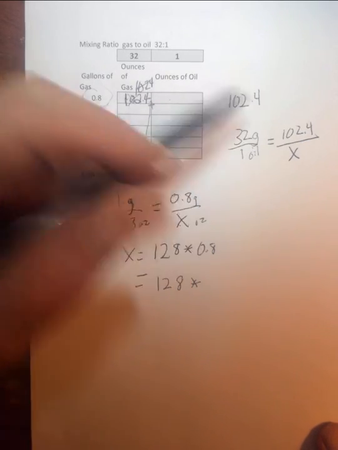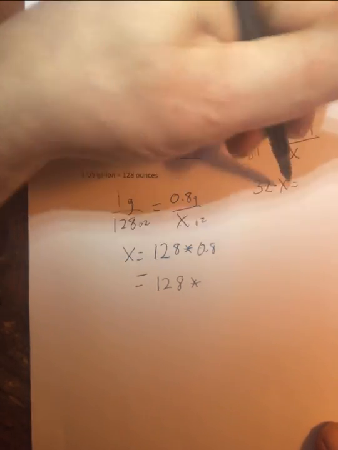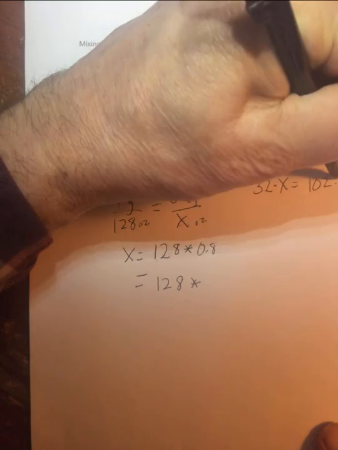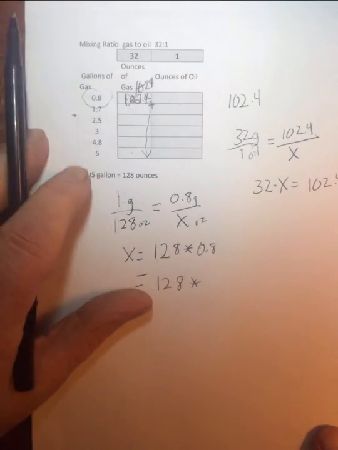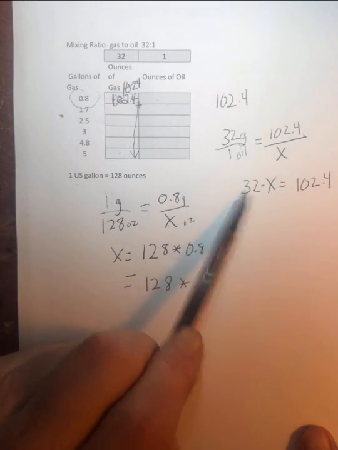So I'm going to cross multiply. Put it over here a little bit. Cross multiply and then divide.